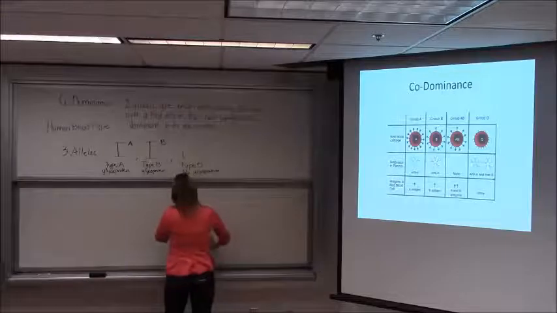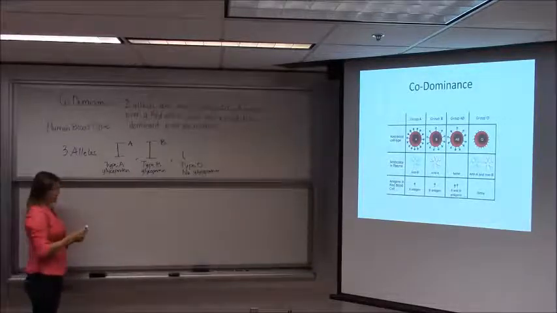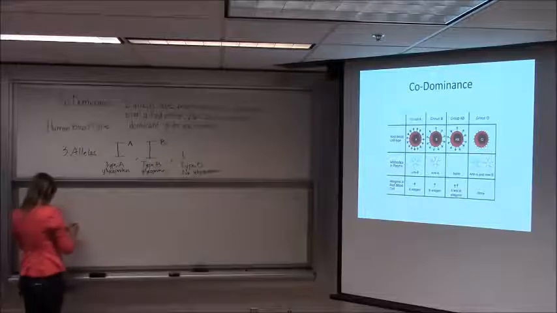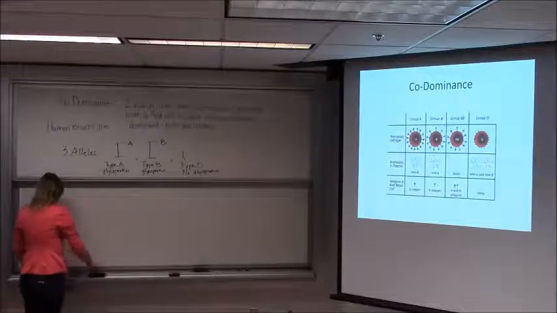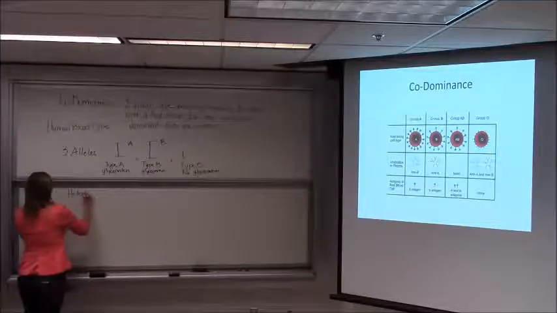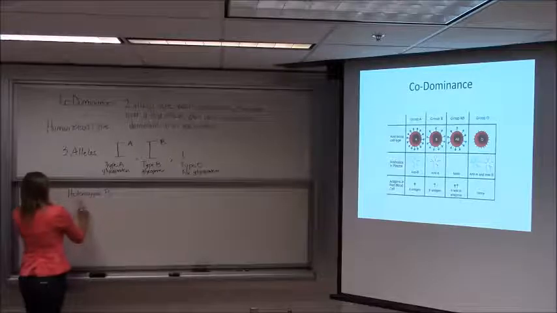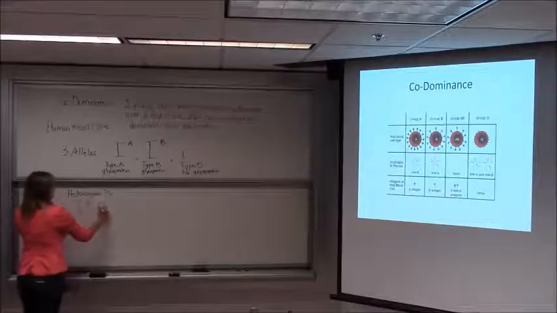Let's do a parent who is heterozygous for a blood type. Let's say someone is heterozygous type B. So that would be one type B allele and one O allele.